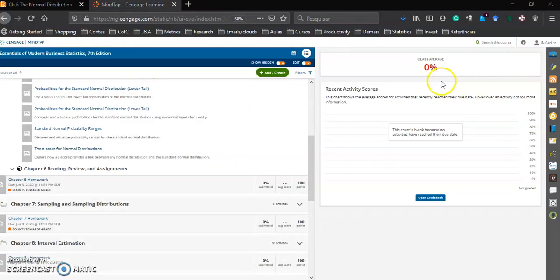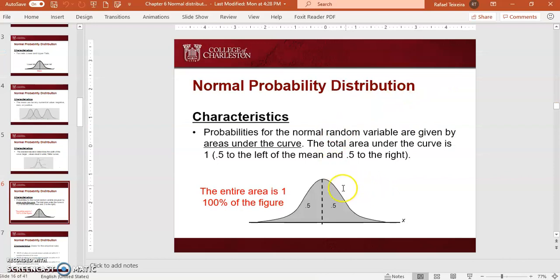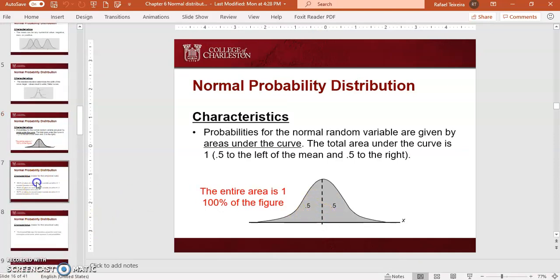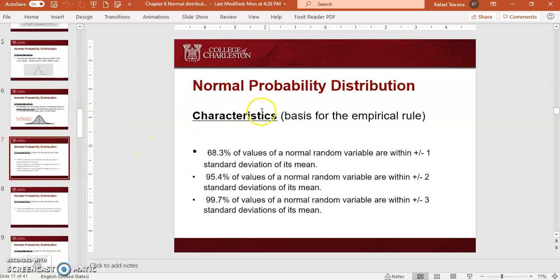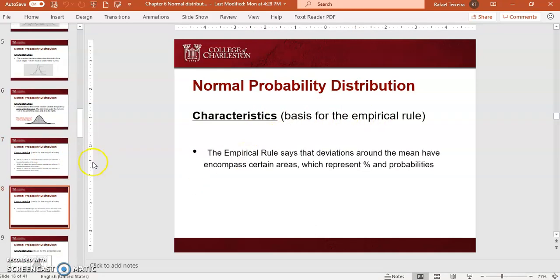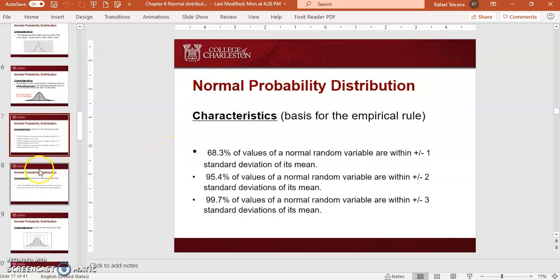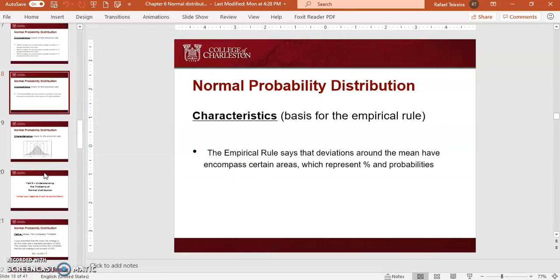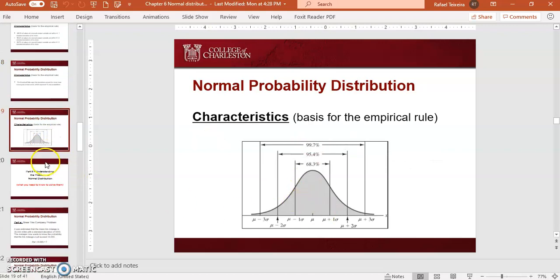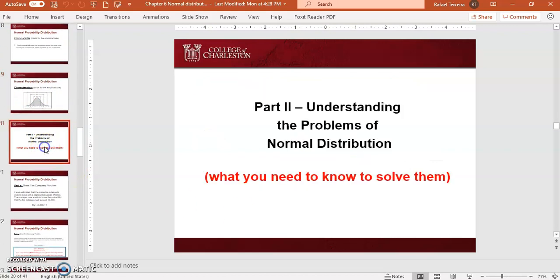This is how we use the normal distribution, and this concept is very important because you're going to be working with areas under the curve and they represent the probabilities. This is the empirical rule. Remember, we talked about the empirical rule in chapter 3. We have a specific video about the empirical rule, so I'm going to skip that. I'm going to stop here and prepare another video for part 2.